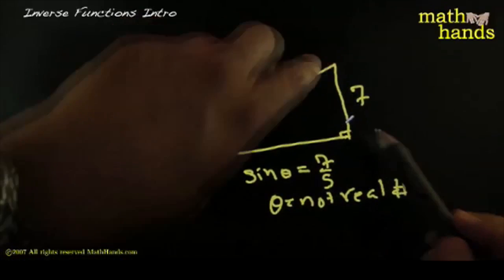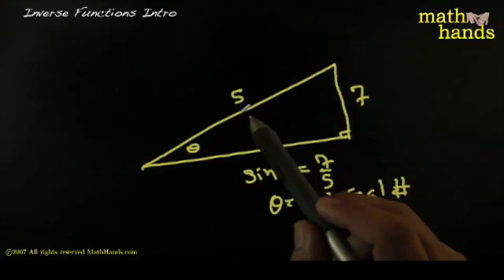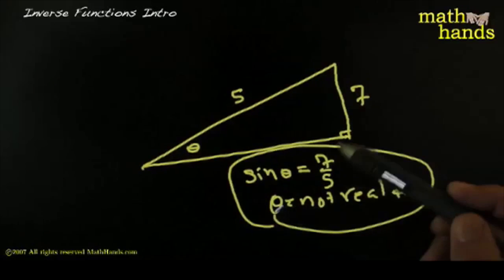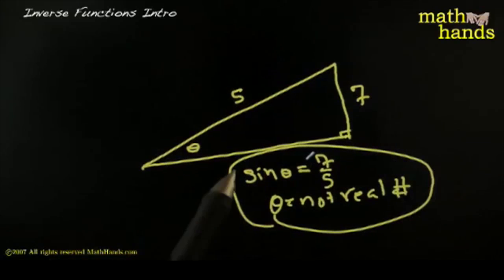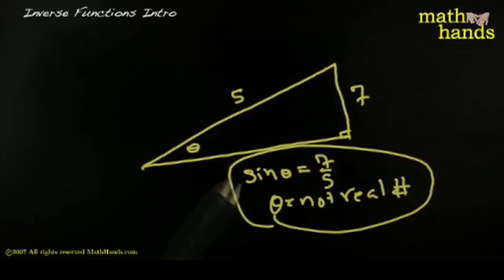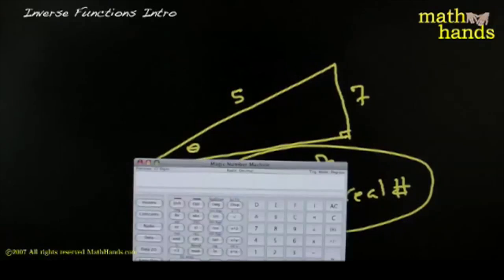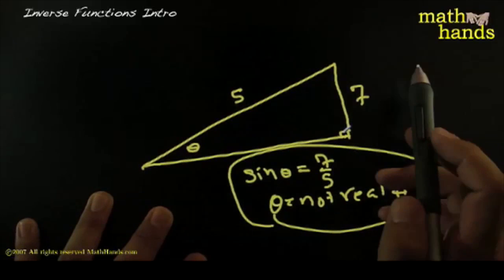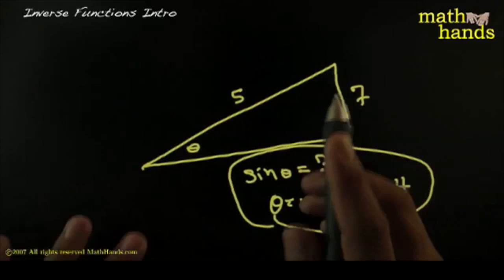The hypotenuse has to be bigger than the 7. You see what I mean? Otherwise, this is not a real triangle. And if your calculator is a regular run-of-the-mill calculator, it'll tell you error. If it's a fancy one like the one we have here, it'll give you a non-real, complex solution. Very fancy stuff.